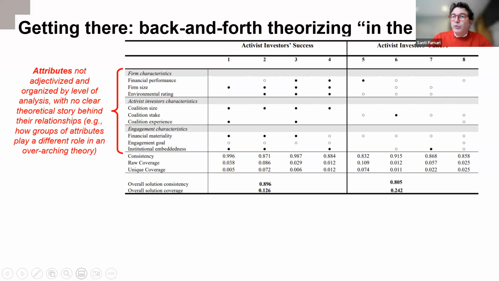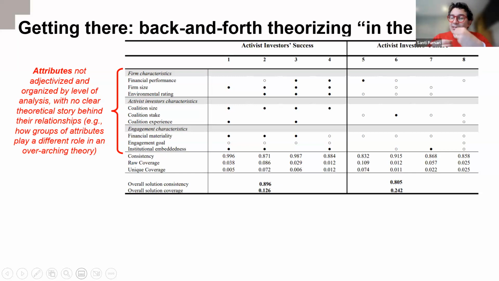So we had in mind a more multi-level theory. We had in mind these different levels of analysis, and we thought that thinking with levels of analysis could have helped us theorize the phenomenon and explain it better, but it ended up a little bit too constraining in our case, because we didn't have a clear theoretical story behind the relationships. So how different groups of attributes combine and play a different role in an overarching story, in an overarching theory.